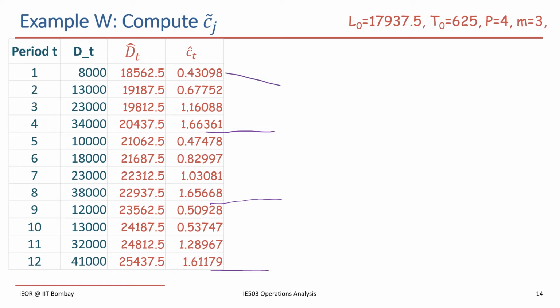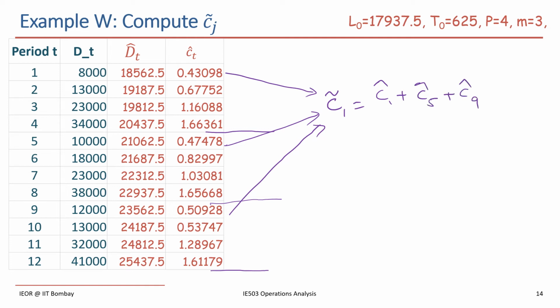So I'm going to take the first value here, here, and here. That will give me my c tilde of 1. It's nothing but an average of c hat of 1 plus c hat of 5 plus c hat of 9. Data point 5 is in the first position in season 2. Data point 9 is the first position in season 3.